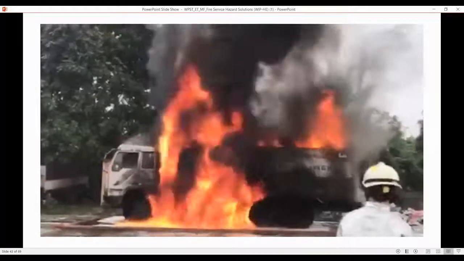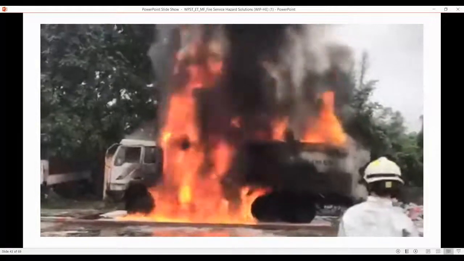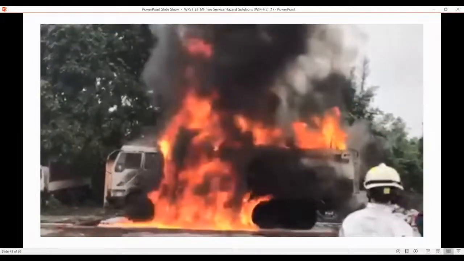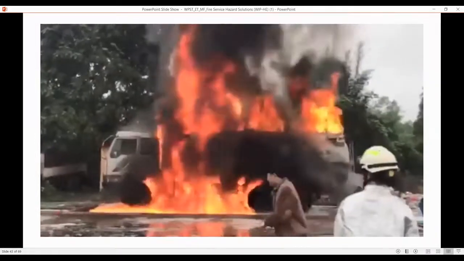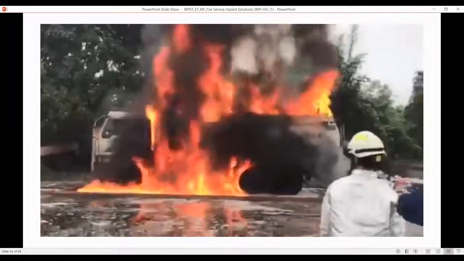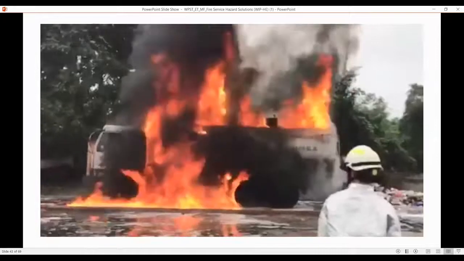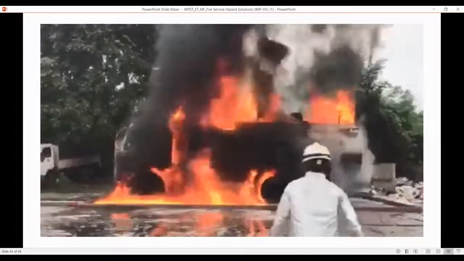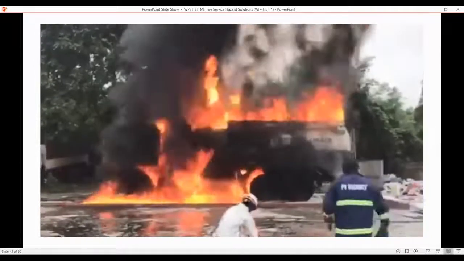As you're going to see here, they're going to be using 2.5-inch or 1.75-inch hand lines and achieve really rapid suppression of this fire. What we found is the smaller droplet we can get, the more cooling and the more encapsulation that happens. That's why that rotating fog nozzle seems to be really effective on this type of application.